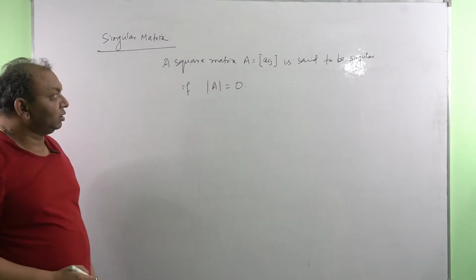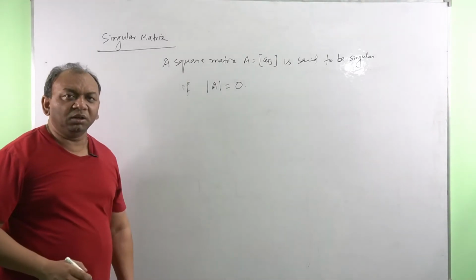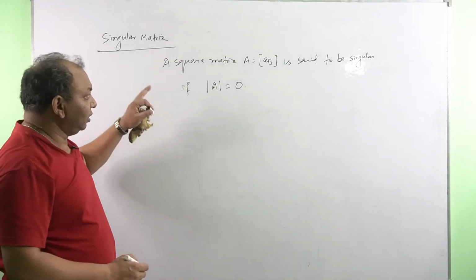A square matrix A is said to be non-singular if its determinant is non-zero.